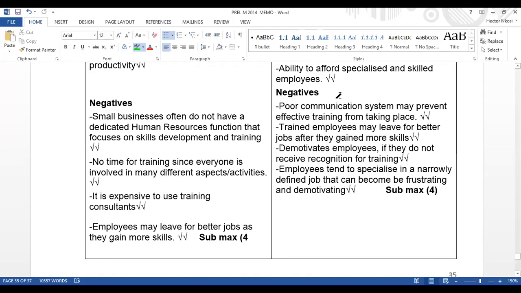Now, let's look at the negatives when it comes to large businesses and skills development. Poor communication systems may prevent effective training from taking place.